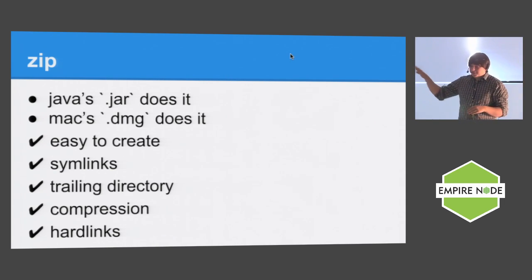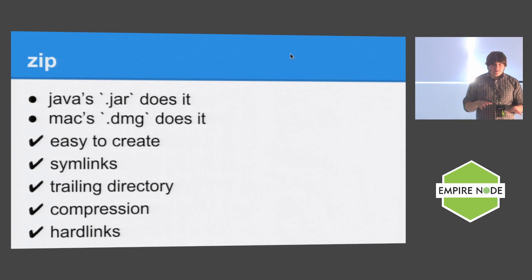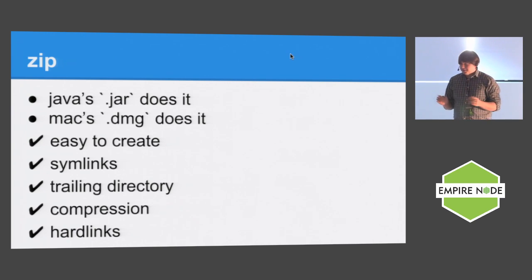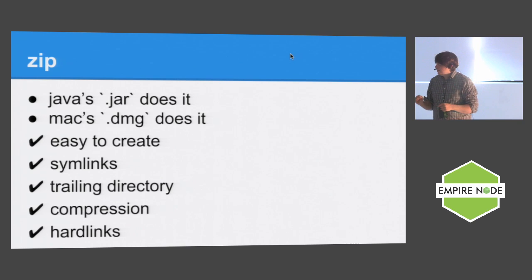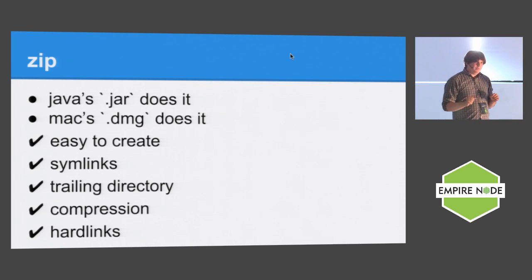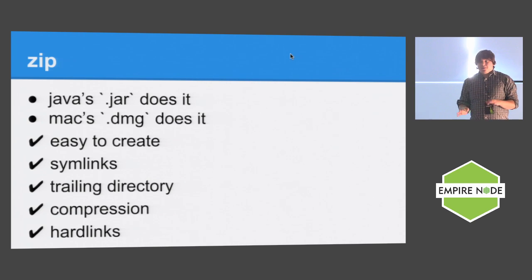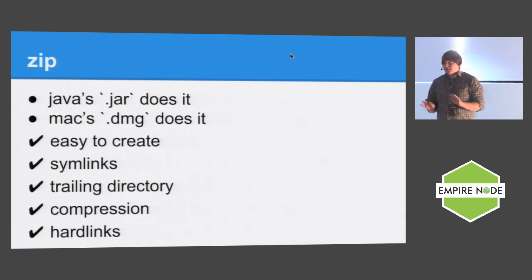Symlinks, so all of your crazy hooks and npm things where you're installing binary executables, they still work. It's got a trailing directory, which means you can make a self-extracting or a self-loading executable with it. We're opting for self-loading, so we're not going to extract your application to disk by default.